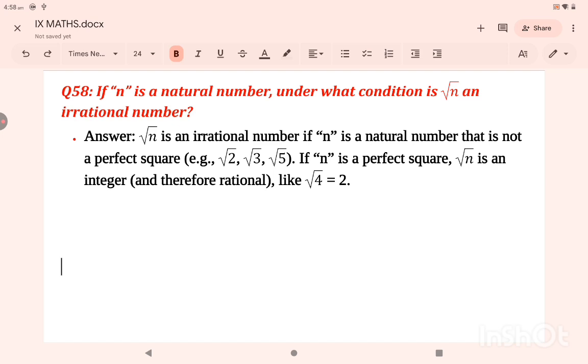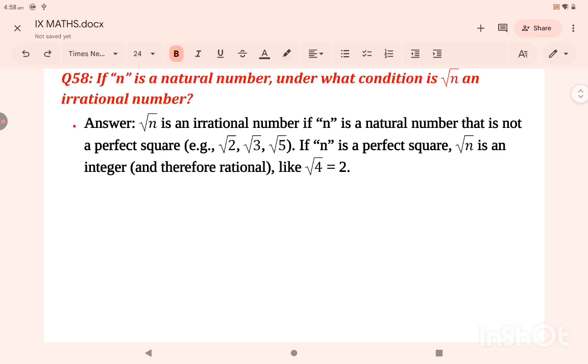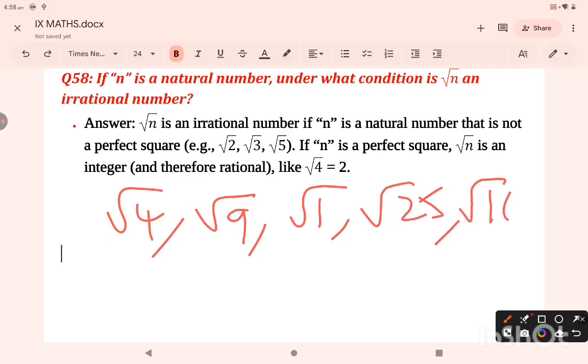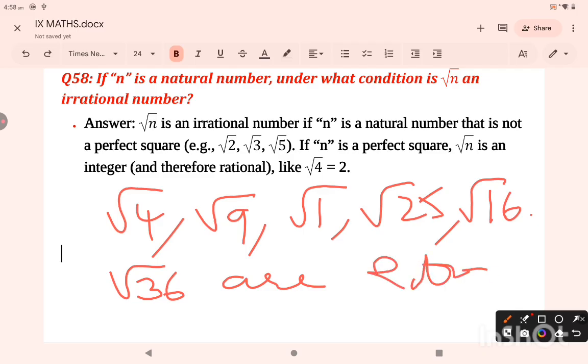So root 4, root 9 and also root 1, root 25, root 16, root 36, all these are rational numbers. That means root 4, here 4 is a perfect square.